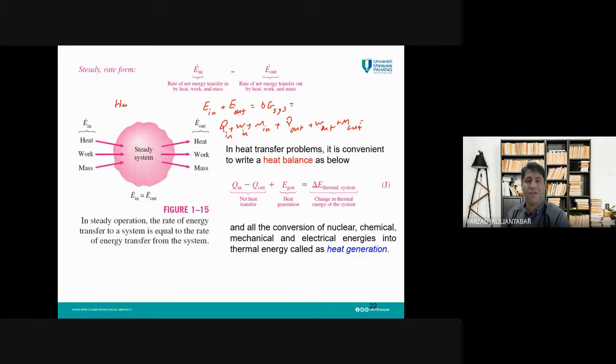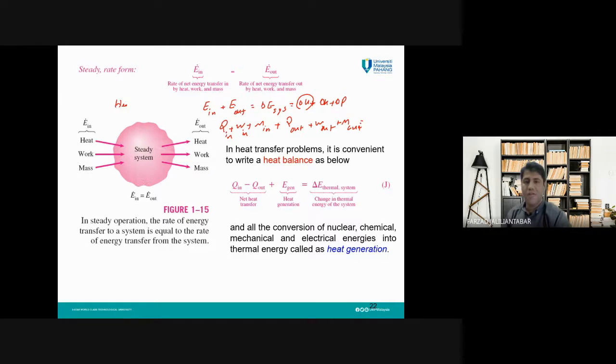Delta E of the system means the change in the whole energy of the system. It can be delta U, delta K, the kinetic energy, delta P, the potential energy, and so on. What we are interested in for heat transfer is usually delta U, or even delta H, the enthalpy of the system for an open system.